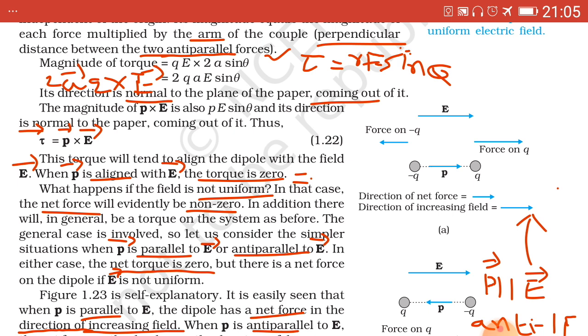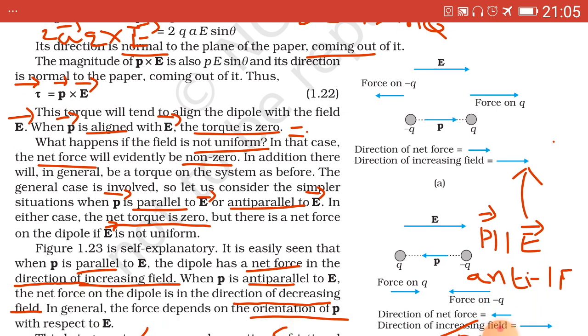Now we study the entire topic with the help of a well clarified diagram.